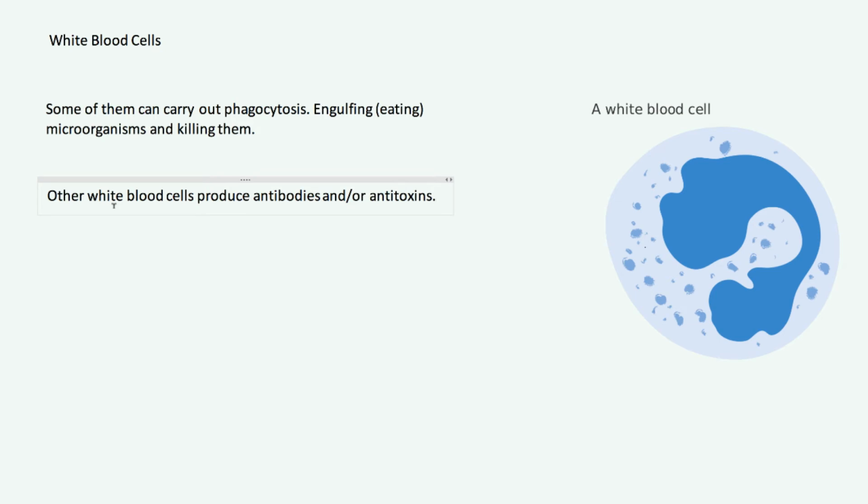It can lead to the death of that microorganism. An antitoxin is going to bind to a toxin. So for example, some microorganisms, when they get into your system, they release harmful chemicals, right, which is aimed to do damage. These antitoxins will bind those chemicals and basically make them safe. Right, so now they're not going to damage you. So those two things are also done by white blood cells.